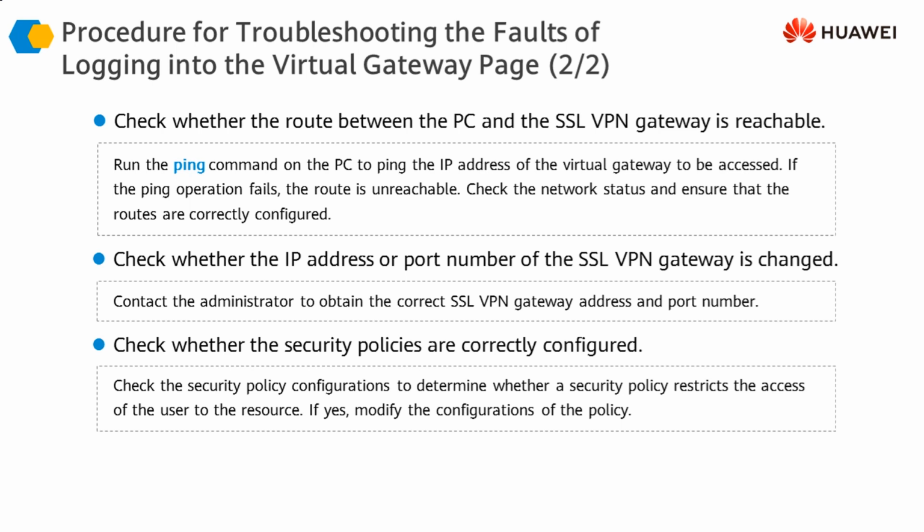If any of these configurations is not correct, then we have to troubleshoot that. We have to remove the issue, and then our client will be able to access the gateway, and then providing the correct username and password, it can log into the client and access the resources that are available in the data center.